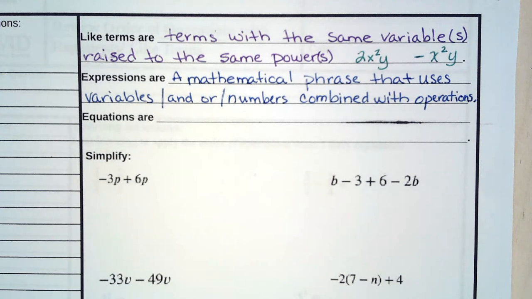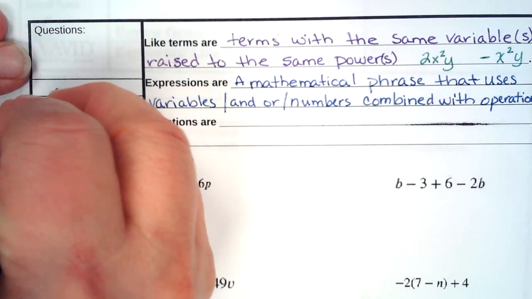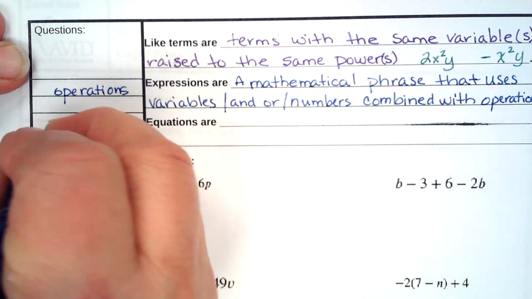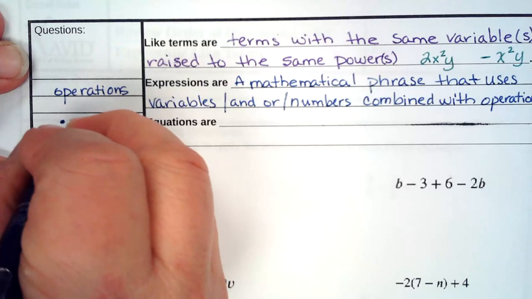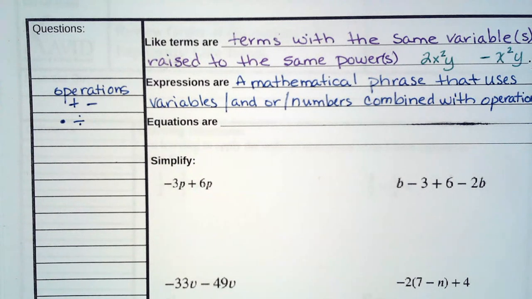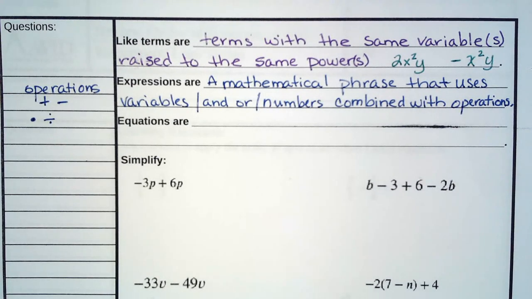Okay, so a mathematical phrase that uses variables and/or numbers combined with operations. Now remember, your operations are multiplying, dividing, adding, or subtracting. Those are your four operations. And your expressions do only have variables and numbers.